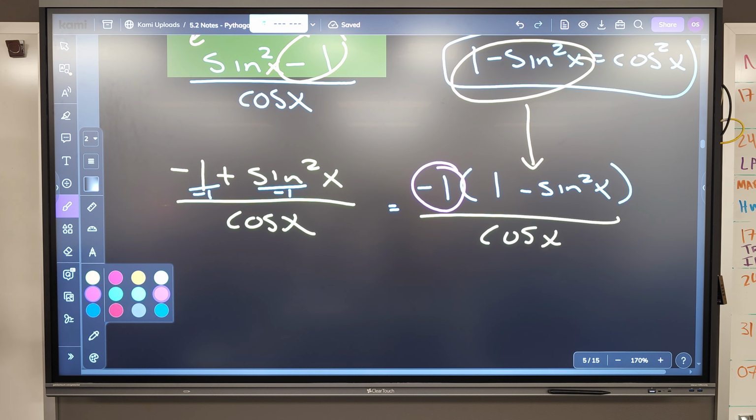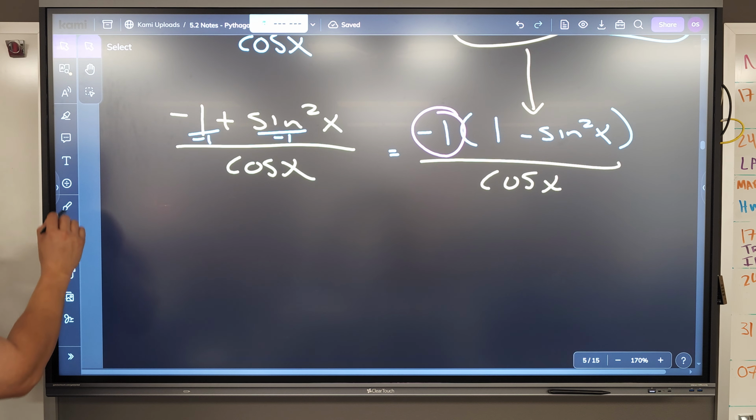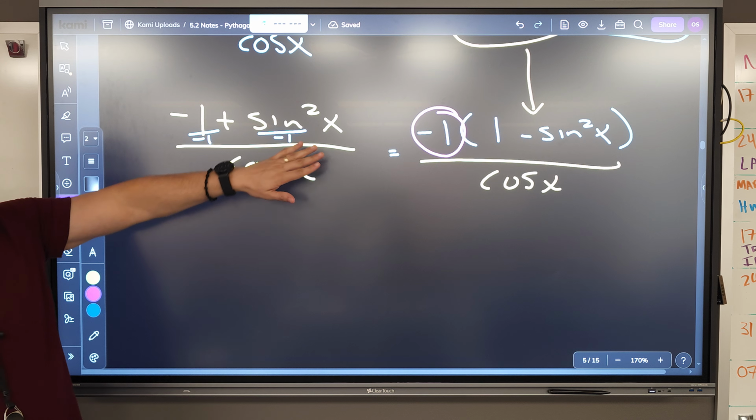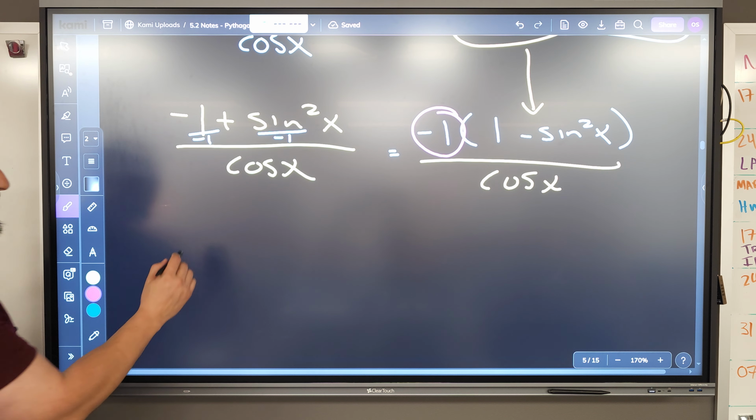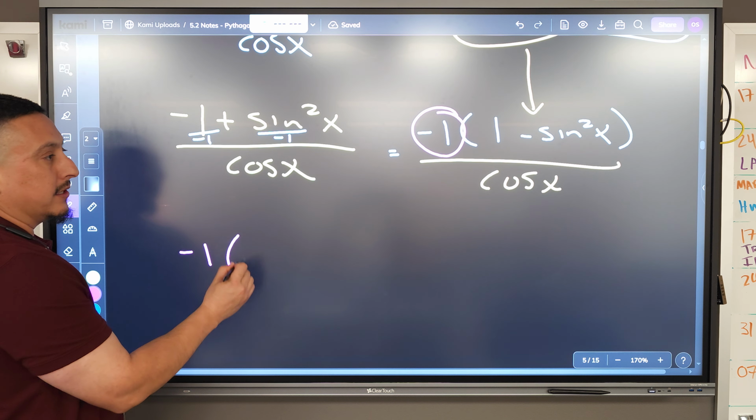Yeah? Okay. Okay, so here we go. Don't worry, I know it's confusing. This is the first time we do that. Okay, but once you see it a couple times, it gets easy. And so now we just have -1 cosine squared x, right? Because we can switch that one for cosine squared x over cosine x.